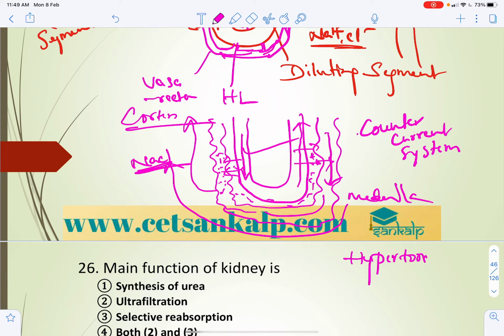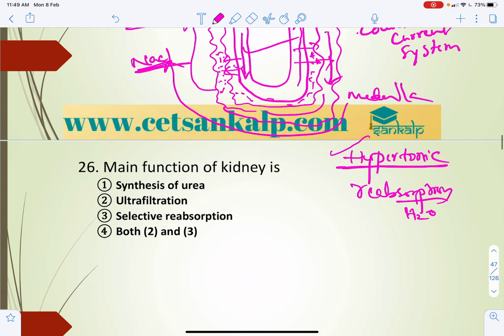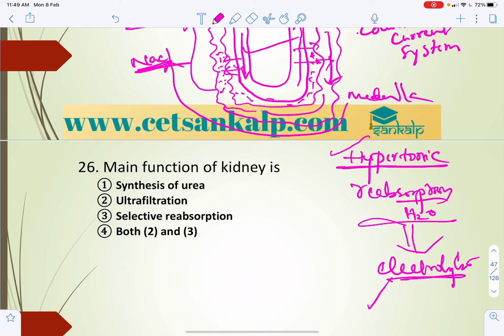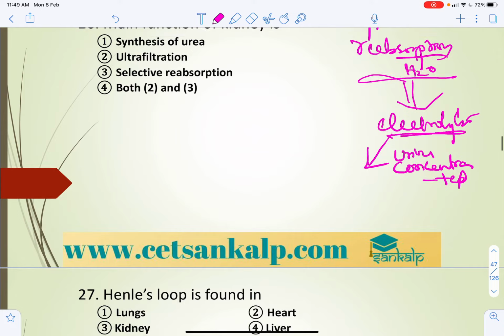The countercurrent mechanism finally helps in more reabsorption of water from the glomerular filtrate, and if more water is absorbed, only the excess electrolytes and waste will remain and be eliminated. So hence urine is concentrated urine. Finally the concentrated urine will be eliminated.